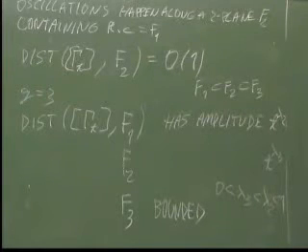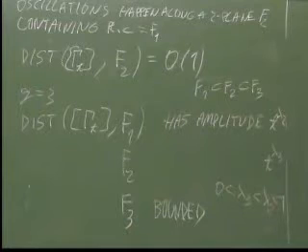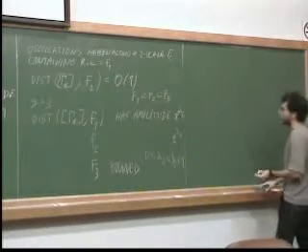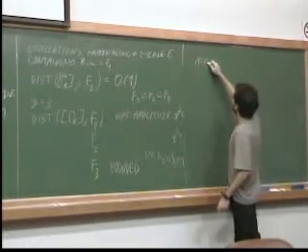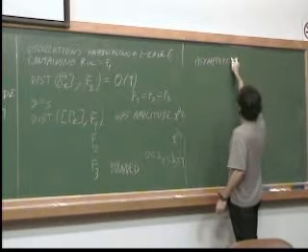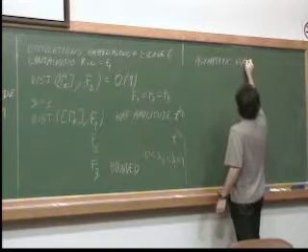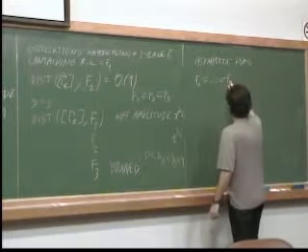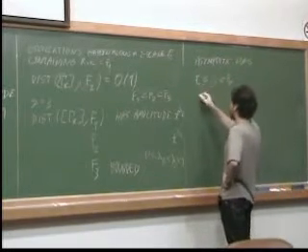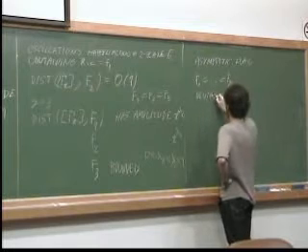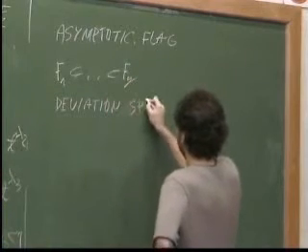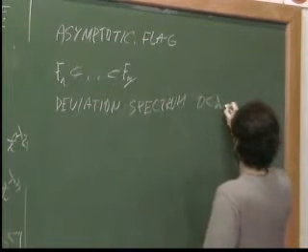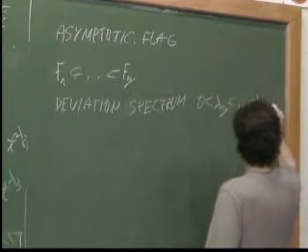So in genus g, there will be a sequence. So the asymptotic behavior of this sequence of cycles is described by what's called the asymptotic flag, F1 contained in Fg, and associated deviation spectrum: zero less than lambda g, less than lambda 2, less than 1.